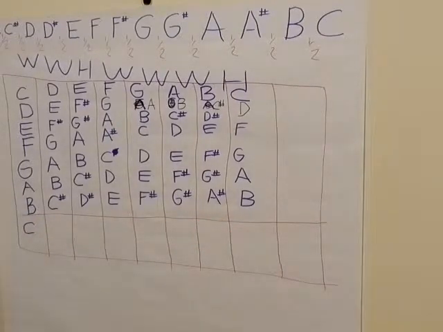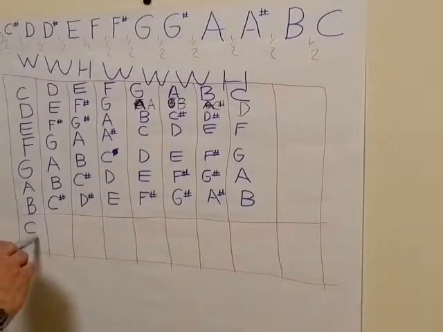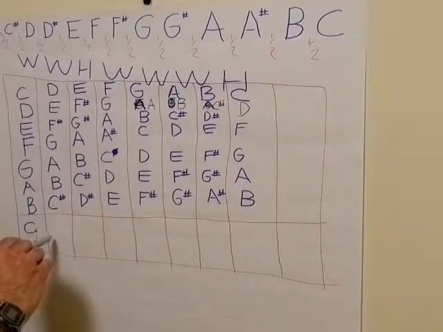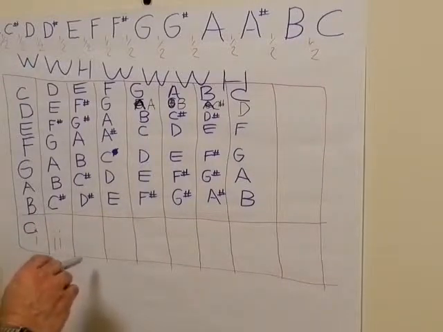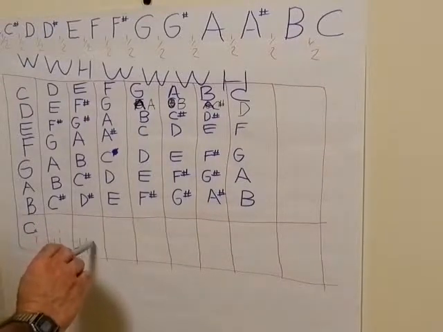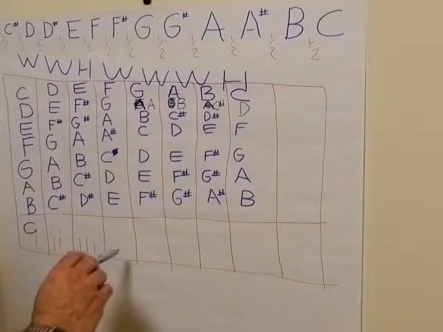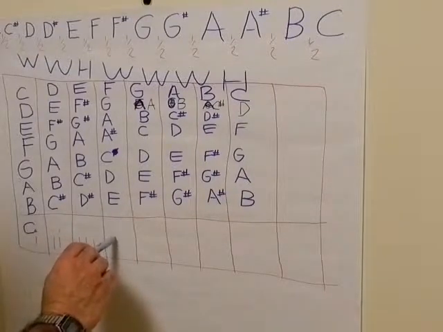Okay, now let's see. When you look at these charts on the internet, they label them with Roman numerals: column 1, column 2, column 3, column 4.